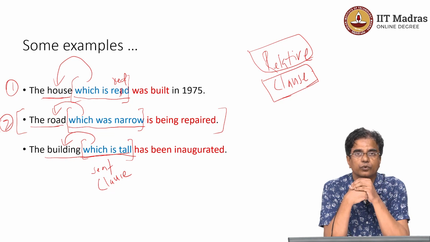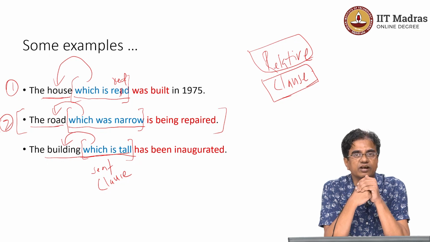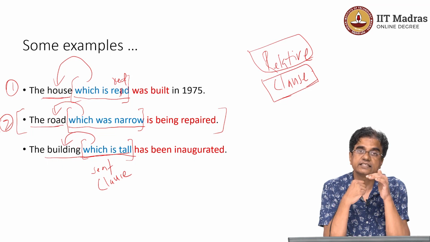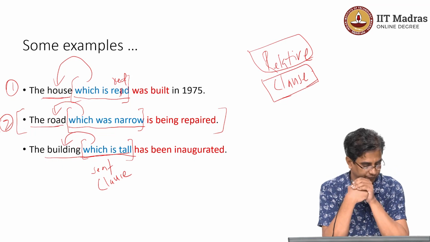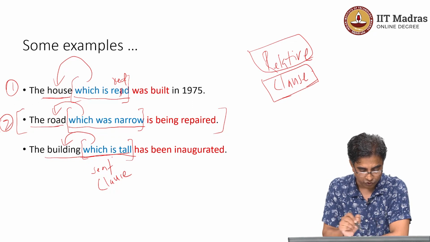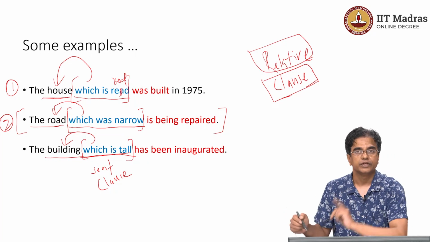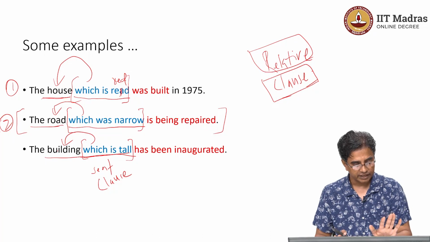And also we understand that a smaller clause in a way is contingent upon some element in the higher clause, that is the larger clause, that is the main clause. So, we have the building which is tall is being inaugurated. Which is tall is giving us information about the building. So, we see a lot of things about it.